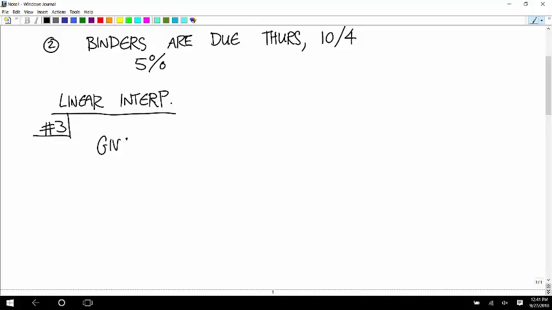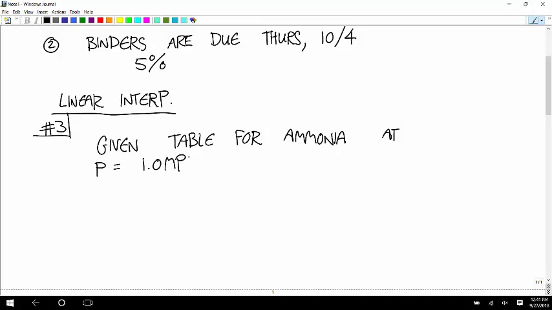So you're given a table for ammonia at a pressure of 1 megapascal and 1.5 megapascals.